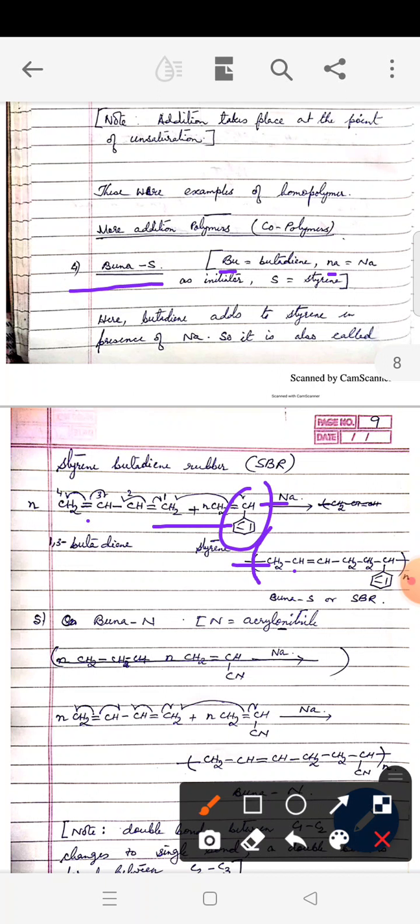This is also called styrene butadiene rubber. It is a kind of rubber and is called SBR, and the full form of SBR is styrene butadiene rubber.